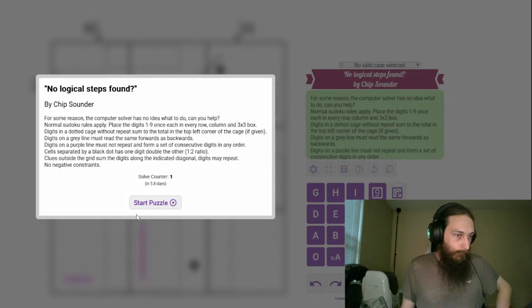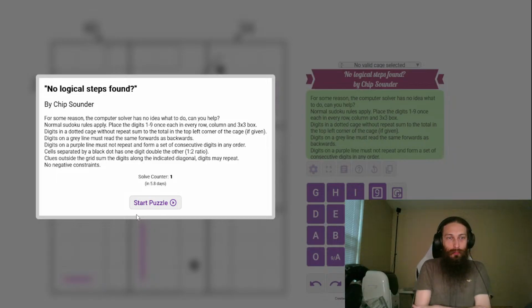Alright, here's a link to our first puzzle, No Logical Steps Found by Chip Sounder. For some reason, the computer solver has no idea what to do. Can you help? Normal Sudoku rules apply. Place the digits 1 through 9 once each in every row, column, and 3x3 box. Digits in a dotted cage without repeat sum to the total in the top left corner of the cage if given.